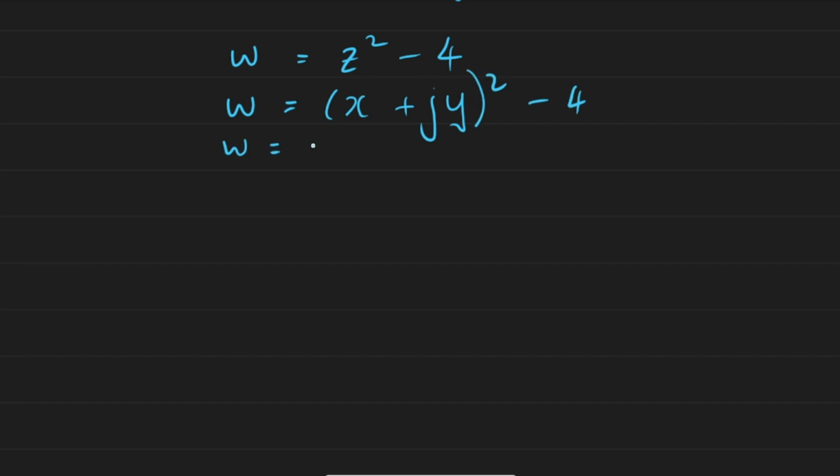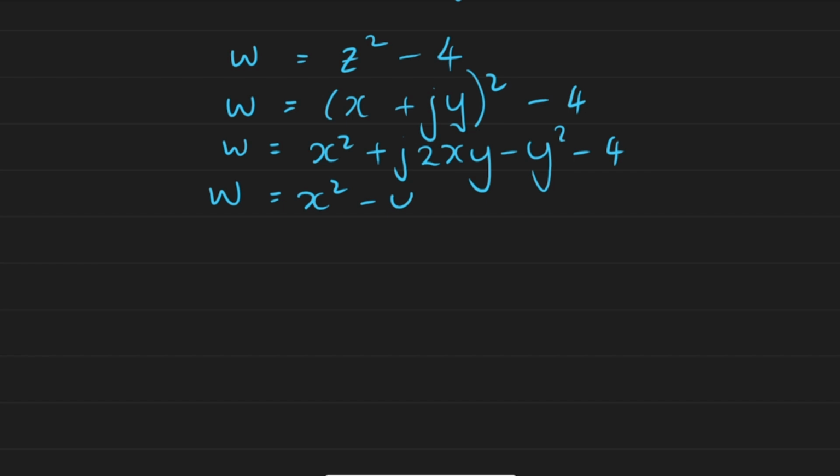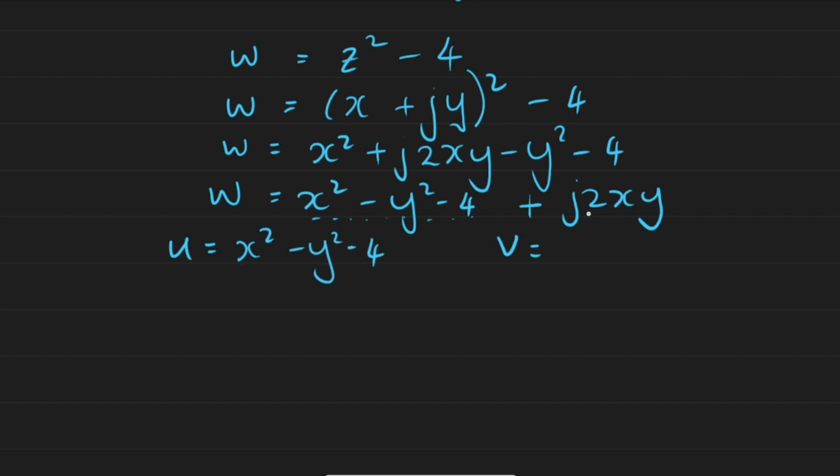We expand that out, so we have x squared plus j 2xy minus y squared minus 4. We gather the expressions: x squared minus y squared minus 4, plus j 2xy. So u is equal to x squared minus y squared minus 4, and v is equal to 2xy.